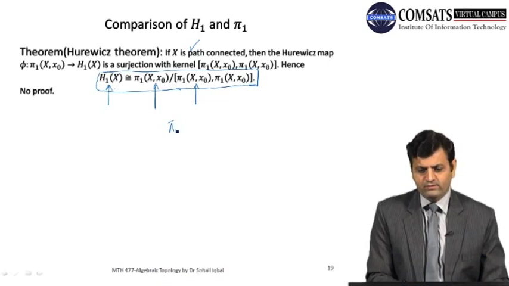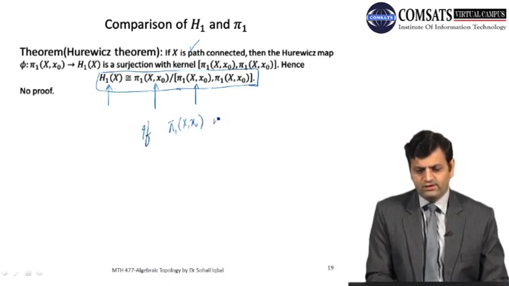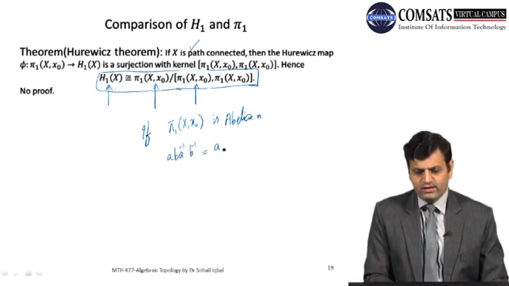For example, if pi 1 of X0 is an abelian group, then in an abelian group, A, B, A inverse, B inverse is just equal to A, A inverse, B, B inverse, because it is commutative, so I can commute these two elements. So basically this is equal to the identity.